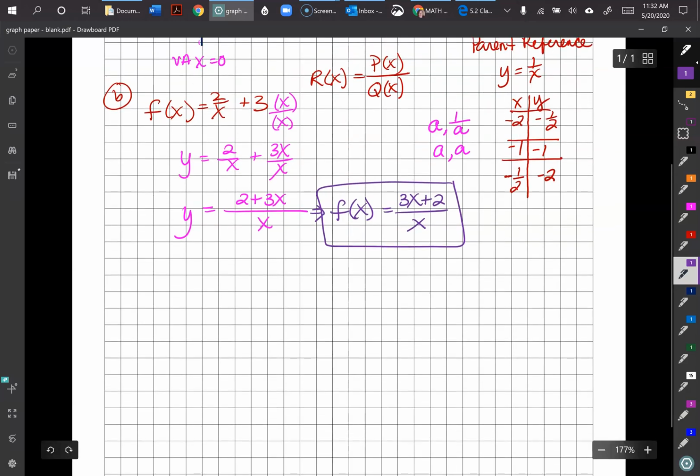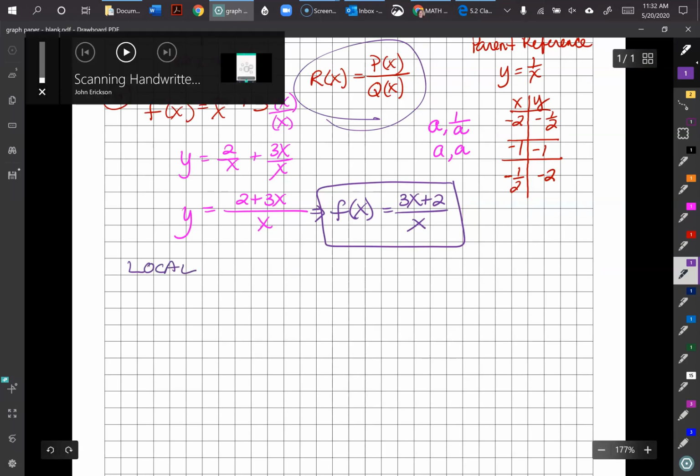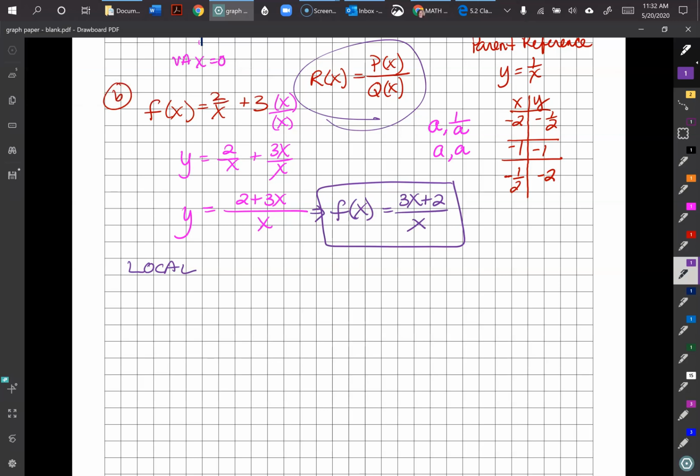So we want to have it in this format. So we're going to look at local, and then we're going to figure out our zeros. Okay, so zeros will be when p of x, the numerator, equals 0.